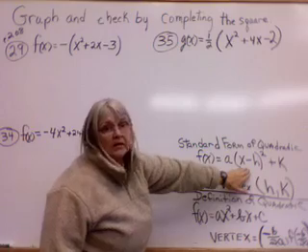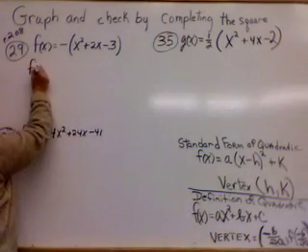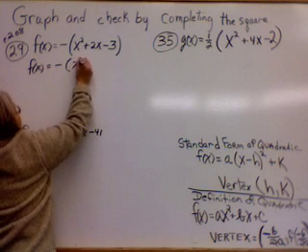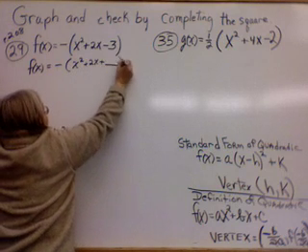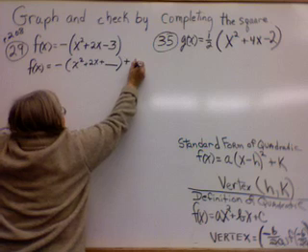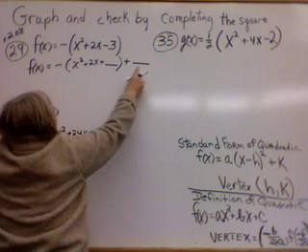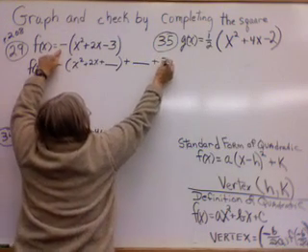Here goes. First step, rewrite the equation. x squared plus 2x plus a space. I don't want that 3. Plus, I'm going to put a new number that I find here, and I still have to put that 3 out here.